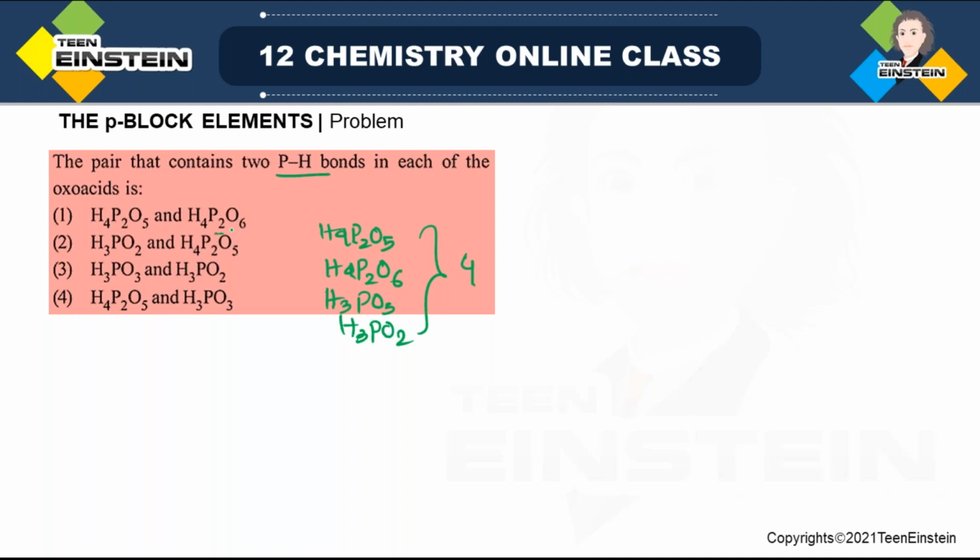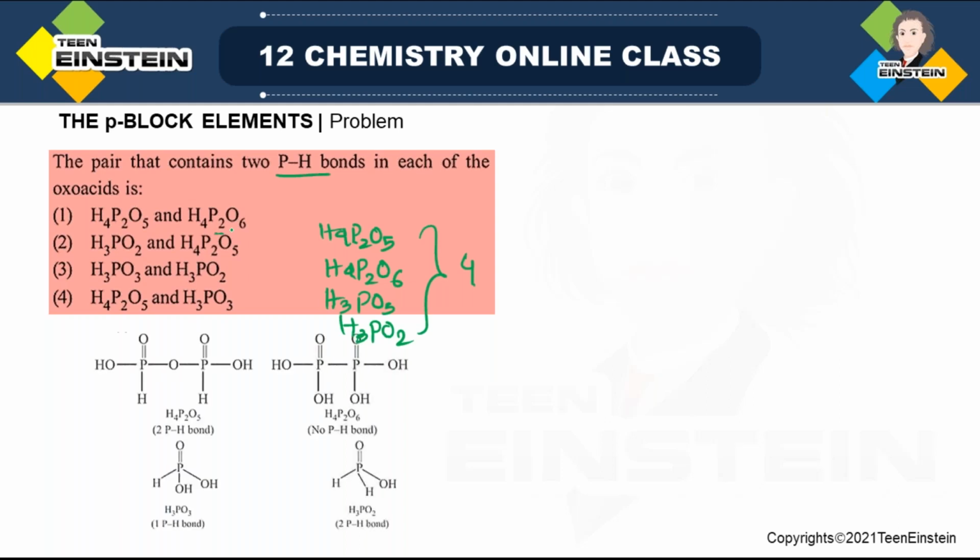But it is better if you can remember the structure. That is the best way. So I suggest you practice the structures: when formulas are given, you should draw the structure of the compound. So these are the 4 compounds: H4P2O5, H4P2O6, H3PO3 and H3PO2.